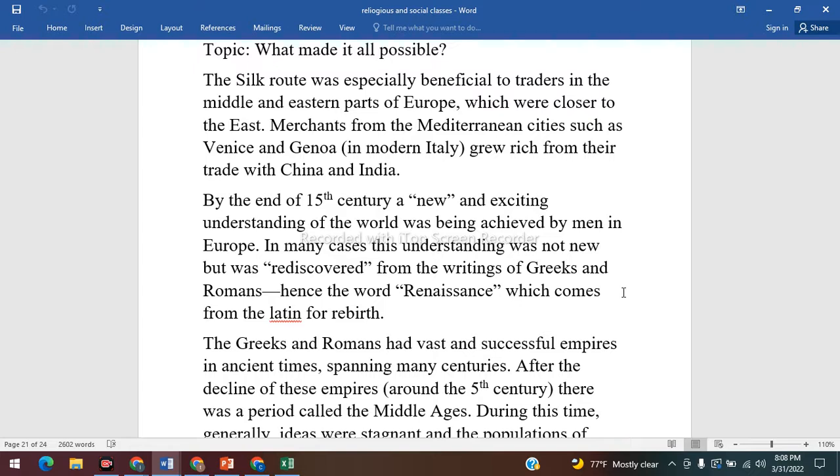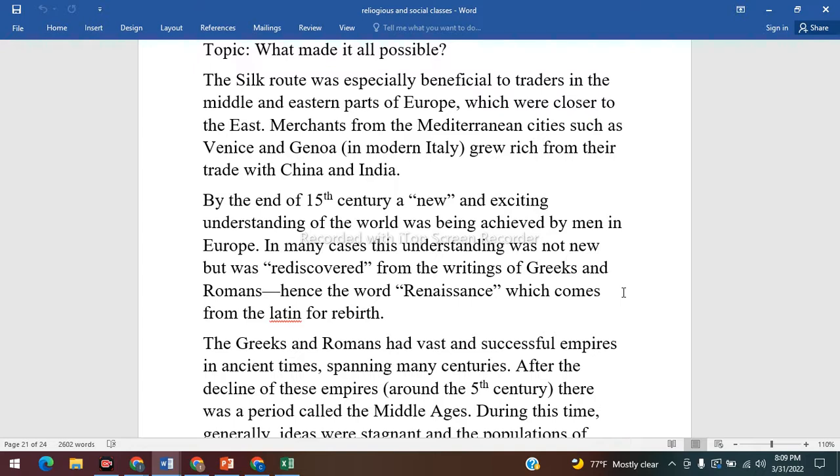So we began talking about what made the voyages possible, and the first thing we talked about was the Silk Route, and that helped to make the voyages possible. But the main thing that really helped to make the voyages possible was the Renaissance.